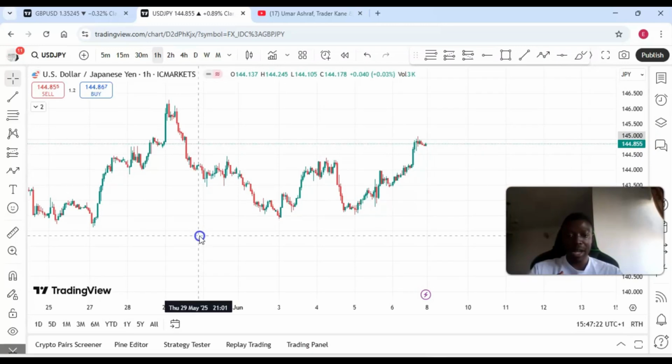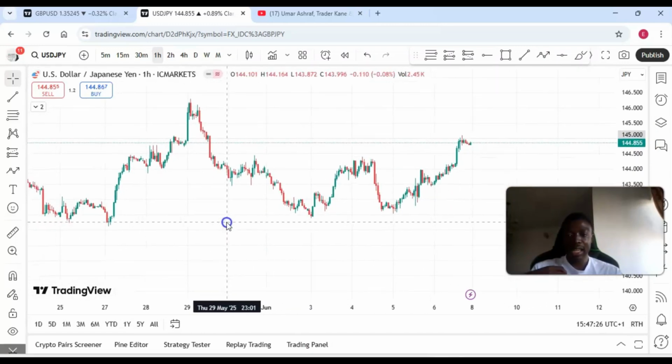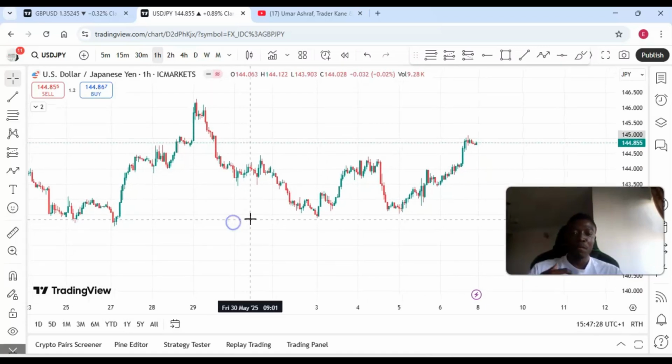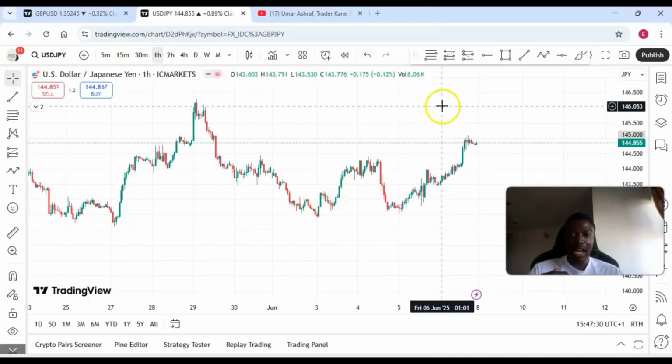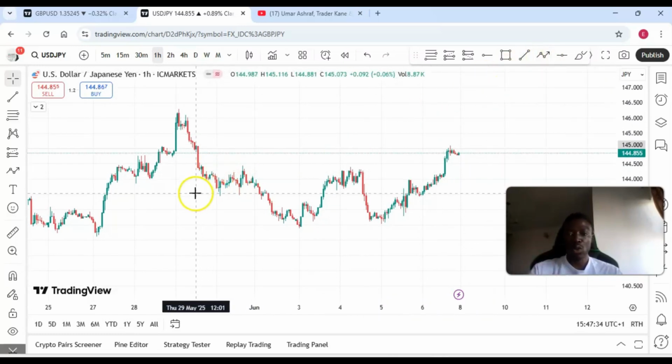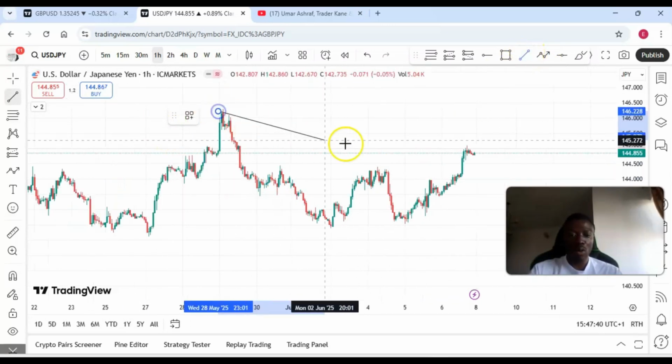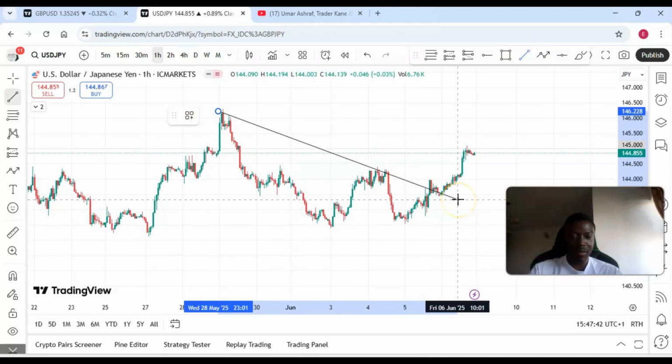So I want to just do a practical example. Like I said, if the trend line breaks, the market is more likely to retest and continue to go in the opposite direction. So here we see that we have a high here, we have a high here. So we can connect these two highs with a downtrend line like this, touching the peaks.